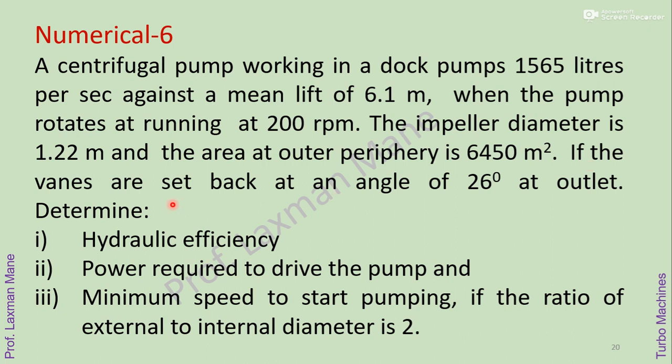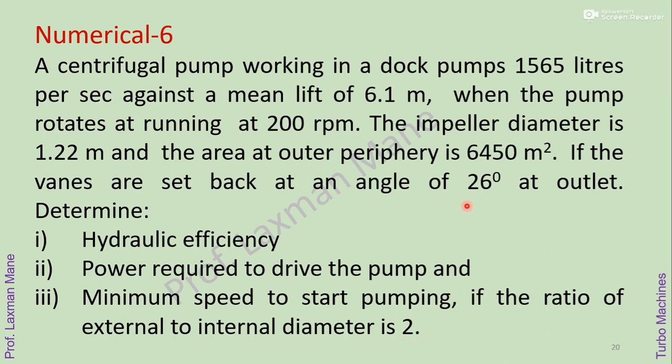If the vanes are set back at an angle of 26 degree at outlet, determine hydraulic efficiency, power to drive the pump, minimum starting speed, if the ratio of external to internal diameter is 2.